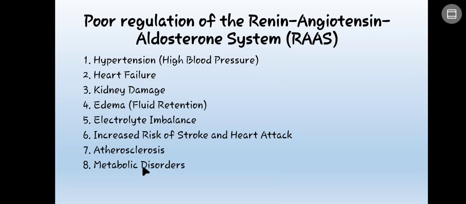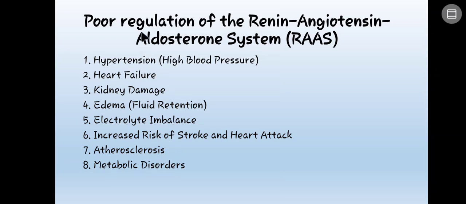Excess aldosterone in some literature is actually associated with insulin resistance. Once there is excess aldosterone release in your body, it can cause insulin resistance, and the occurrence of insulin resistance can contribute to the development of type 2 diabetes.